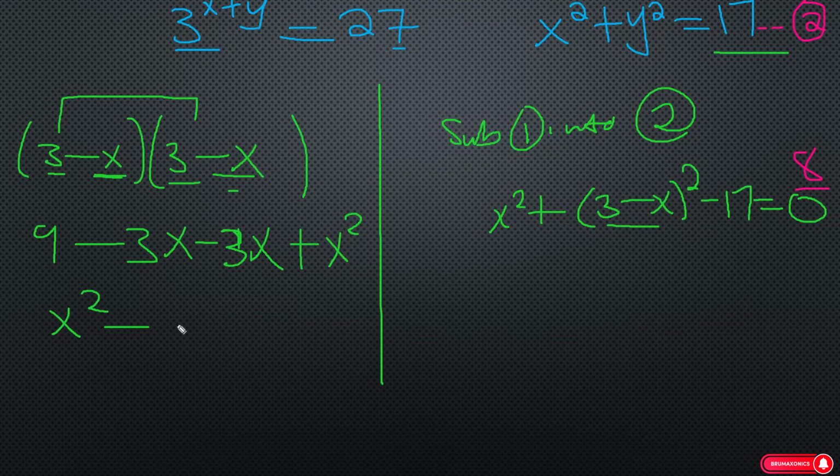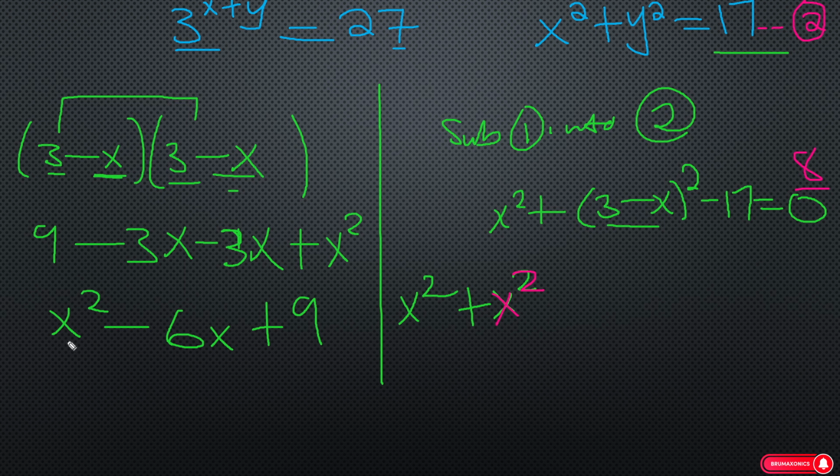So meaning that we have x squared after simplifying this, and then the plus of x squared. Most of the time I usually change colors, but for this you can change a color and say x squared here.